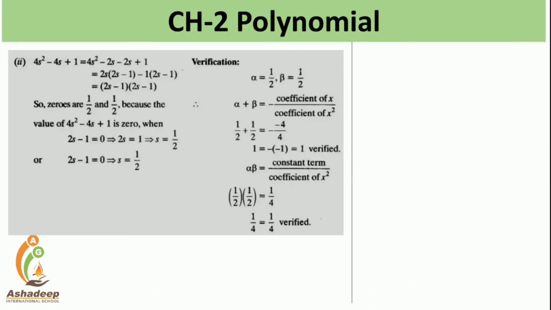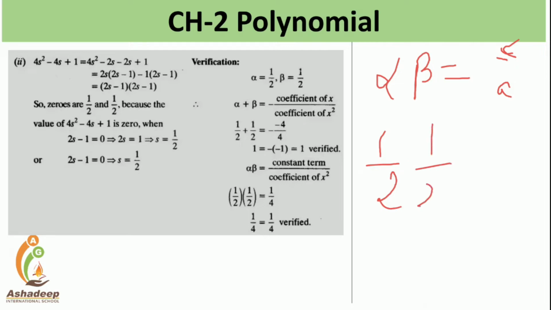Now we deal with the product. The product is alpha into beta, which is equal to C by A. So what is alpha? 1 upon 2. What is beta? 1 upon 2.